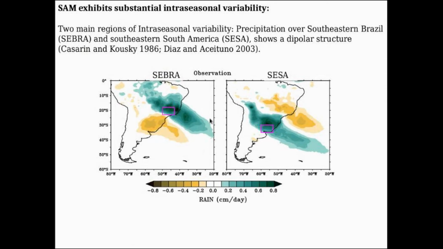When SABRA is getting more rainfall, SESA has less precipitation, and vice versa during the opposite phase.